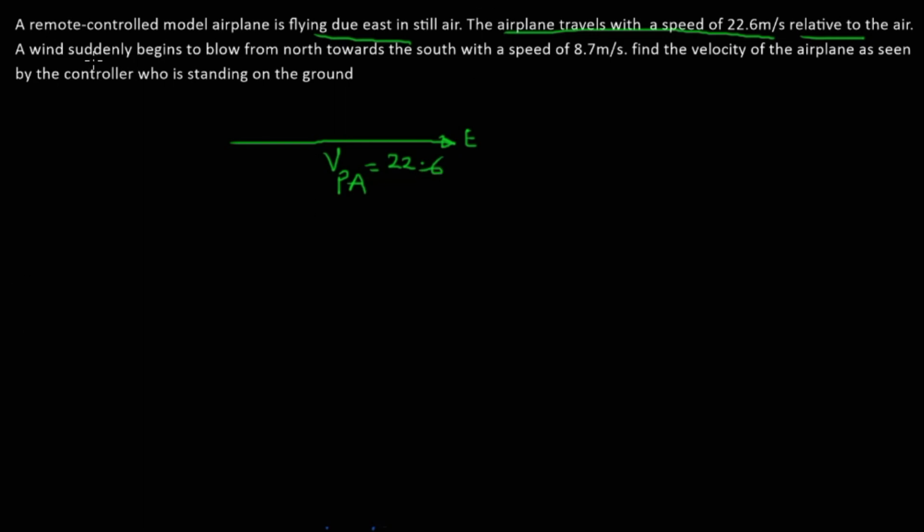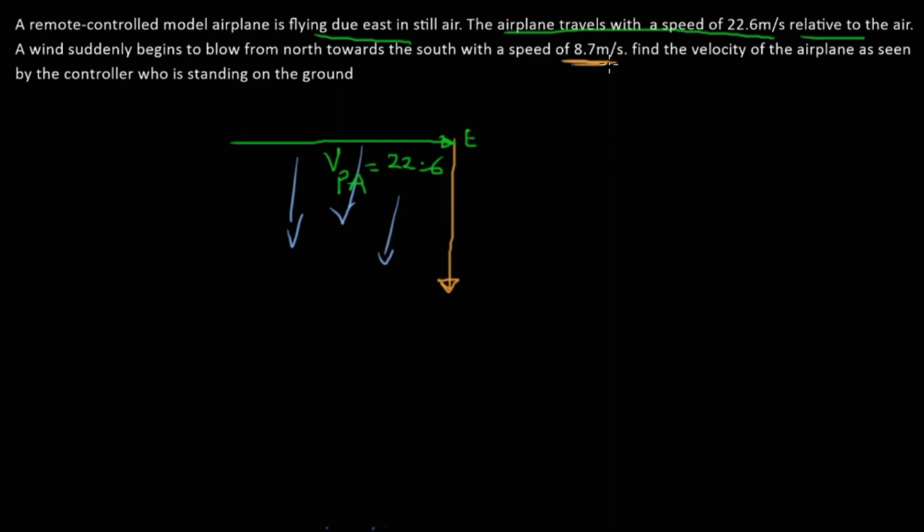Then a wind suddenly begins to blow from north towards the south. So we can just pick one arrow to represent the wind, and we can say the wind moves in this manner.